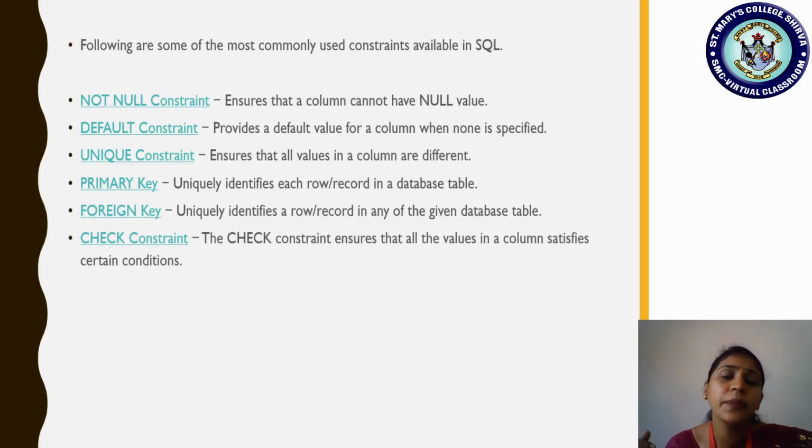Or else a very simple example is the attribute gender. Okay, if you are trying to insert the gender or sex information, it should be of how many values? Either male or female. So the check constraint can be used on that particular column, where you have to insert either F for female or M for male.